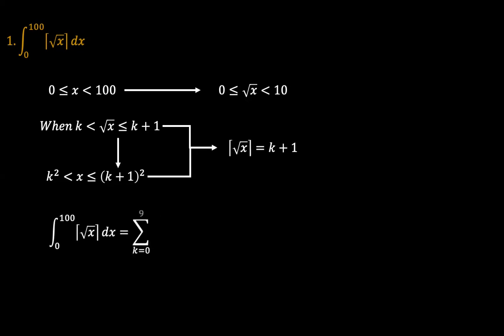Therefore, when we integrate the ceiling function of the square root of x from 0 to 100, that means we have to look at k lying between 0 and 10. So we have strips between 0 and 10, and in each strip, the x value straddles between k squared and (k plus 1) squared.